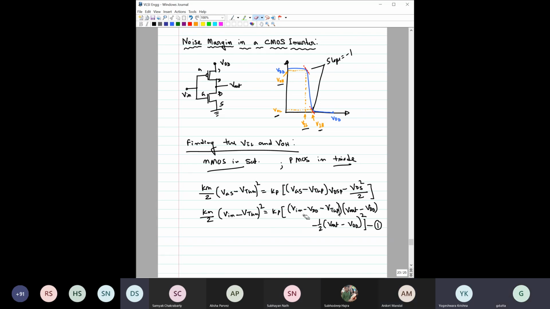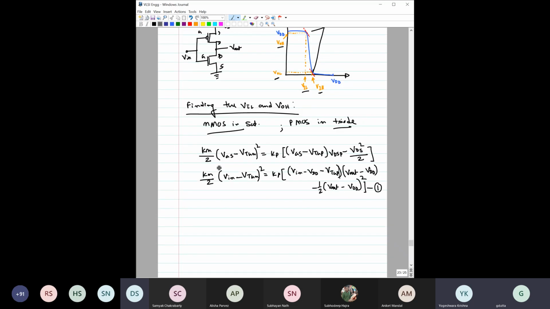So this is a simple calculation. You can do it, right? The important thing is that you write the equation properly with the proper sign. Then you will get one equation. Second, you have to find dVout by dVin, which gives the relation between Vout and Vin.